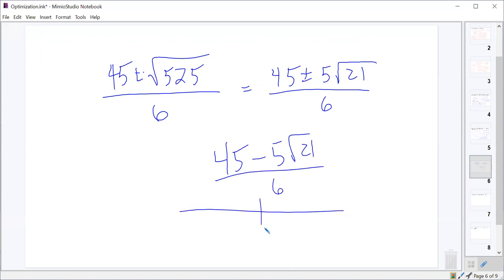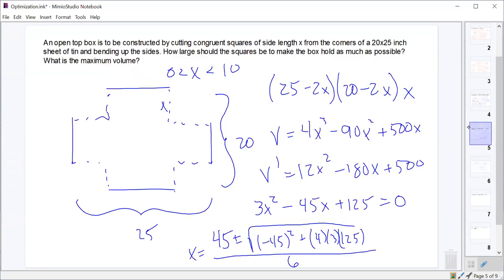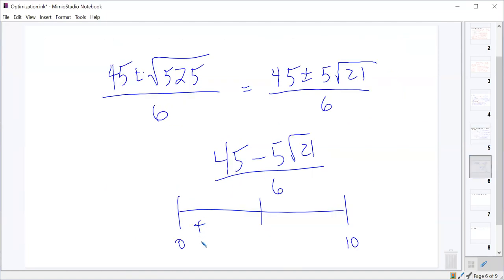And if we were to put that on the sign chart, 0 and 10 here, we would find that when we plug in a value between 0 and this, like 1, into our derivative, we get 12 minus 180 plus 500, which is positive. So positive, increasing.